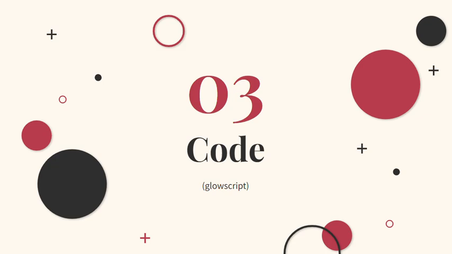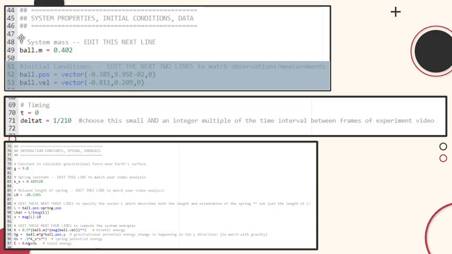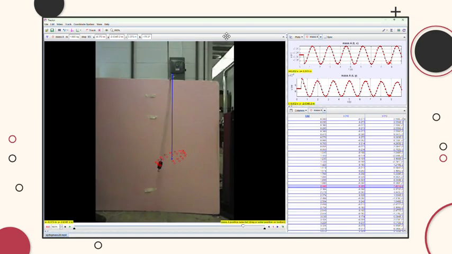In terms of the code, in GlowScript, we plug in the mass of the ball, 0.402, and here are the initial conditions. Here you can see that there's this flat line, but I started all of my data down here because I just started the video a little bit early.